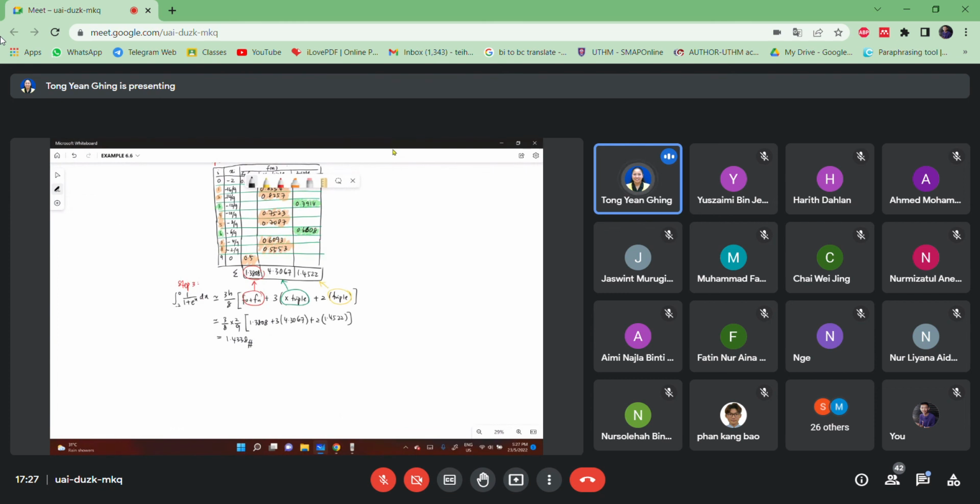If let's say we have n equal to 10, we can use Simpson's 1/3 rule. Okay, let's say how about n equal to 11? Can we? No. So neither can be used.